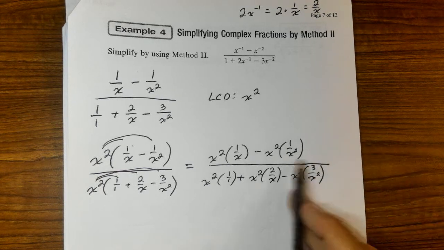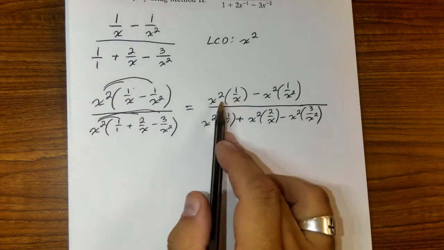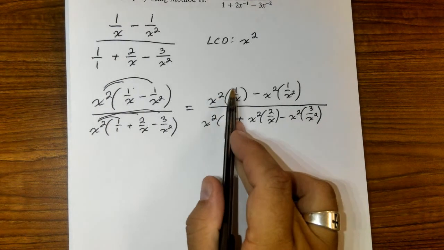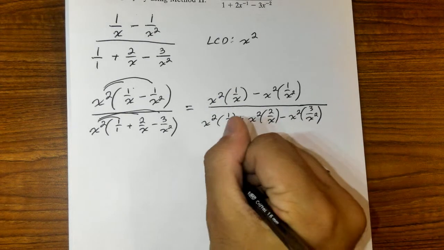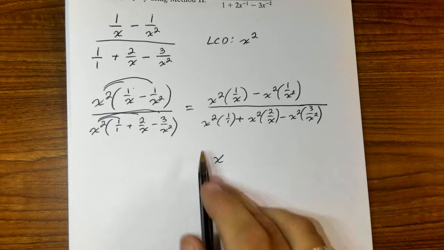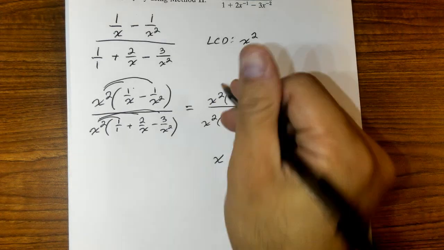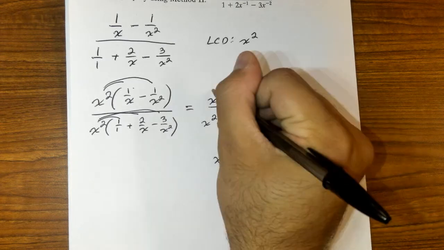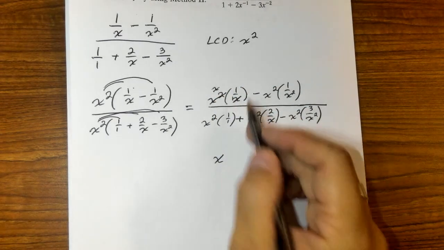Extend that fraction bar, everything is there. So now I can start simplifying. x squared times 1 is x squared, and x squared divided by x is just x. So x stays in the numerator. And again, you can simplify that here. x squared divided by x is x, simplifies to x over 1. So x times 1, 1x.